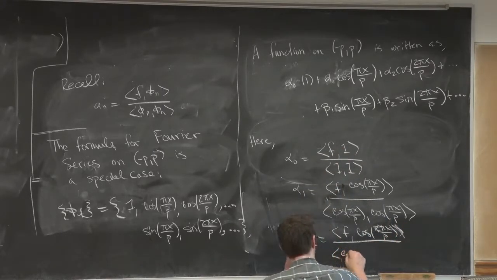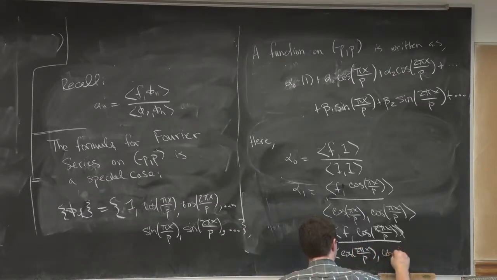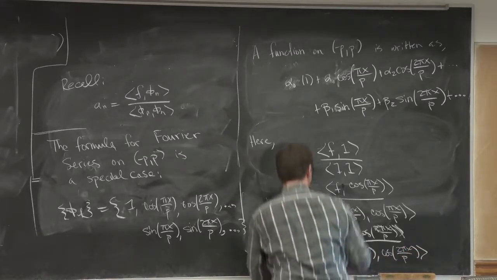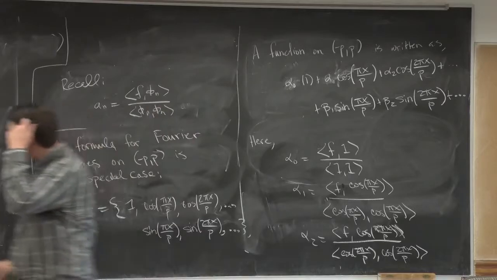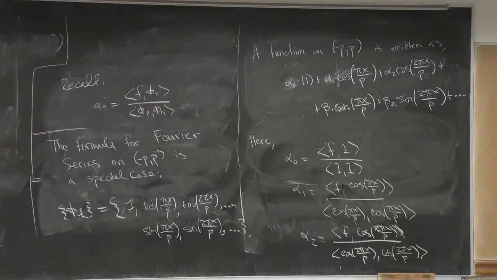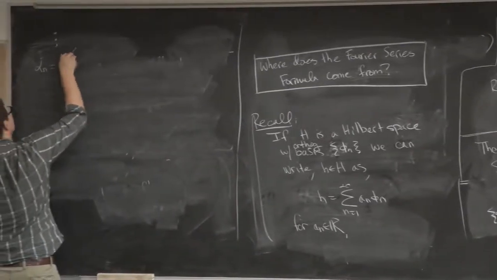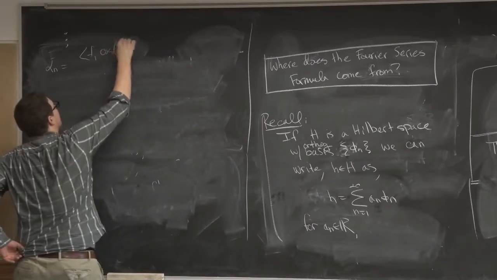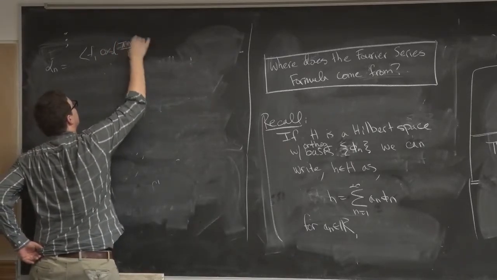And then we have cosine 2 pi x over p, like so. And then this continues, dot, dot, dot. Alpha n is f with cosine pi n x over p.